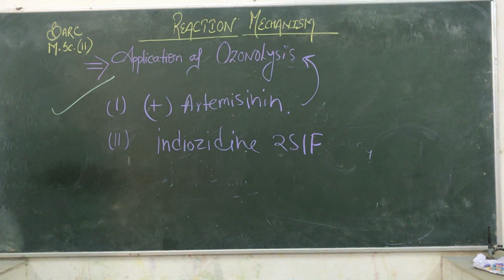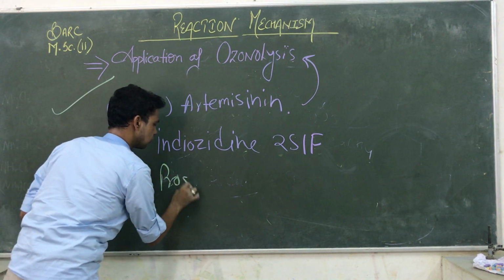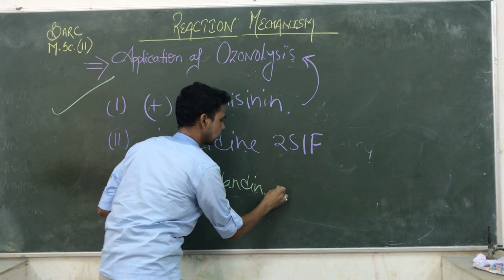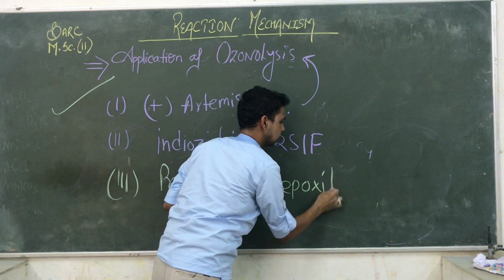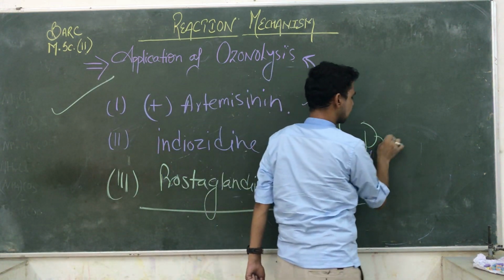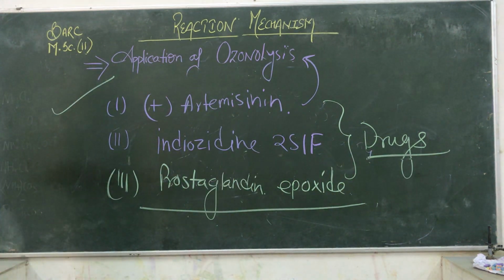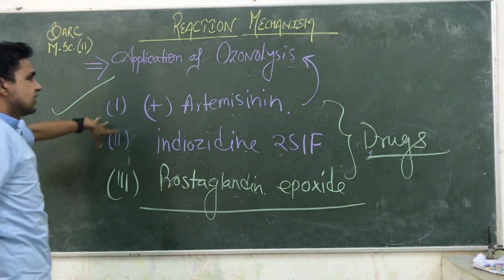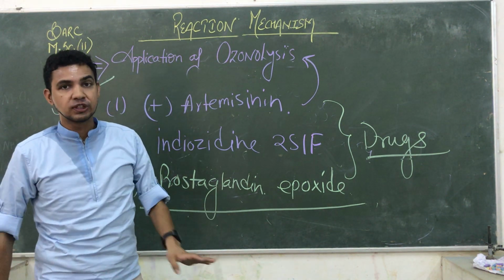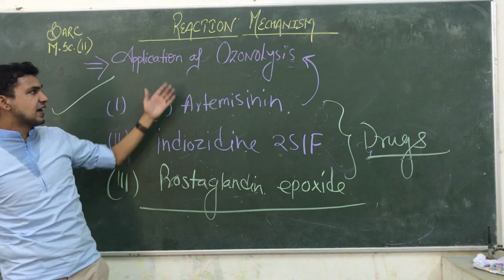That is also synthesized via ozonolysis. And the next one is prostaglandin oxide. These specific drugs are used for antibacterial and antifungal activities and are generally synthesized by ozonolysis. Different research papers have been published on the applications of these drugs. So that is the applications of ozonolysis.